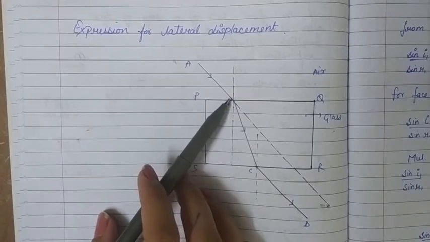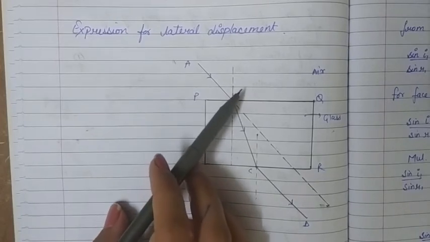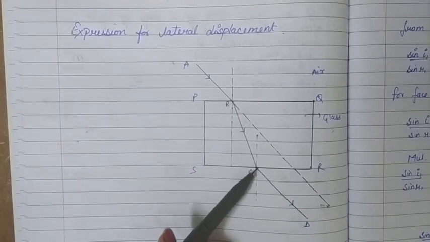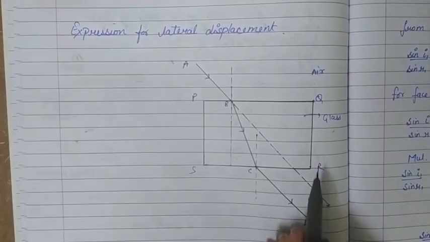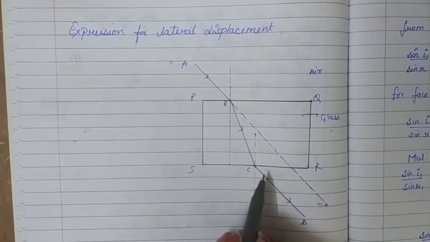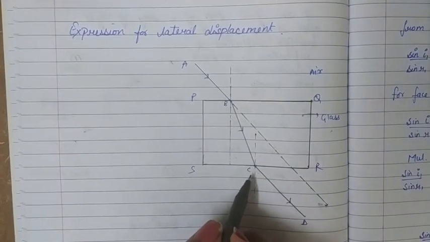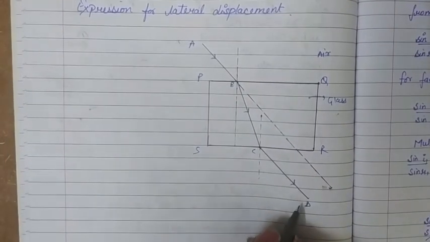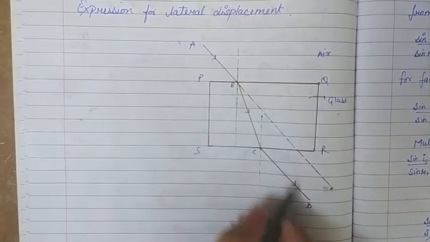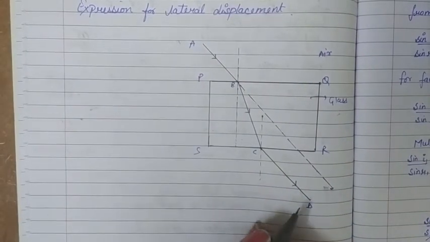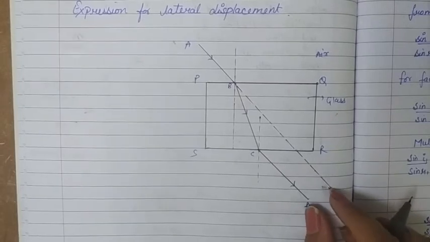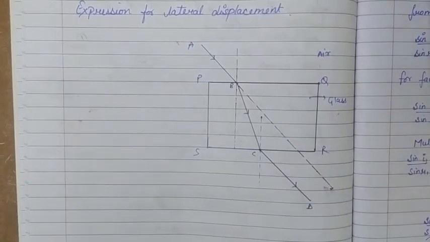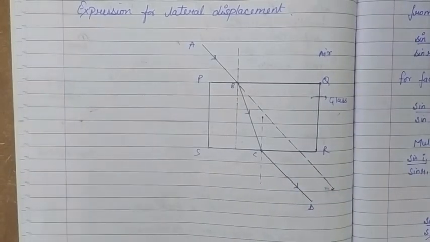AB is the incident ray, it gets refracted at point B when it passes from air to glass, then it moves along the path BC, and again at point C when it crosses this interface SR, it gets refracted and starts traveling in the direction CD. The path is CD and this is the emergent ray. The perpendicular distance between the emergent ray and the incident ray is called lateral shift or lateral displacement, that we are trying to find.